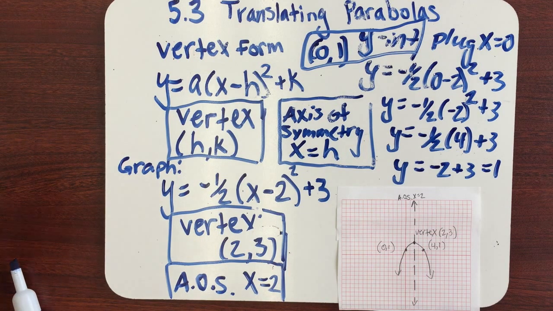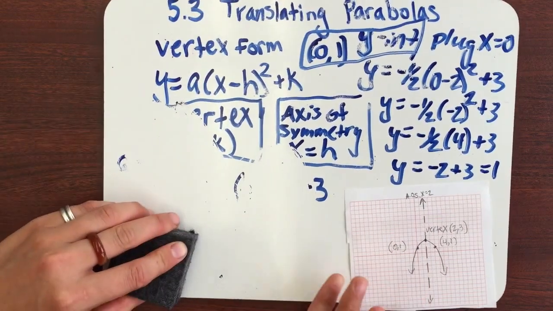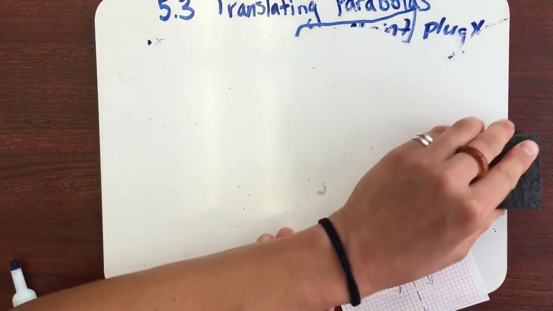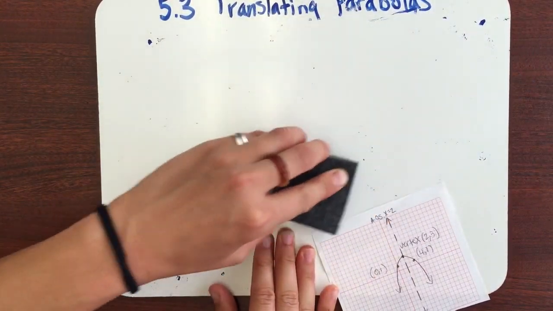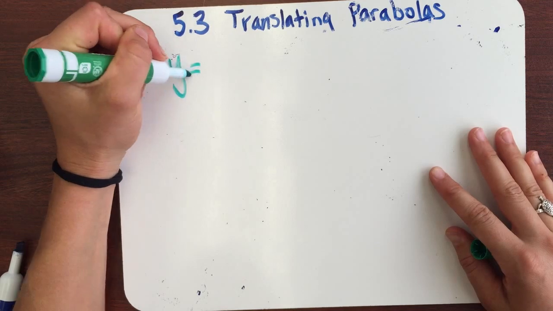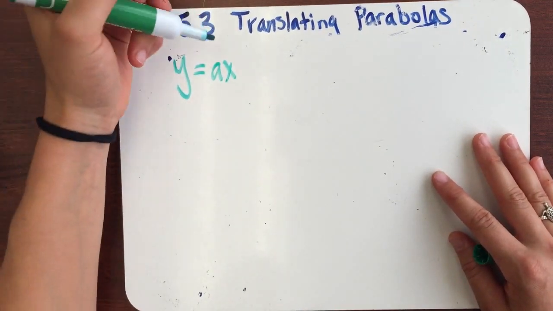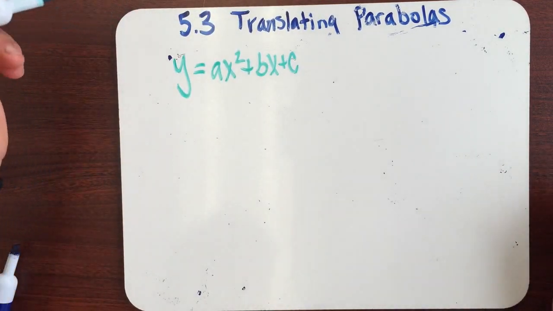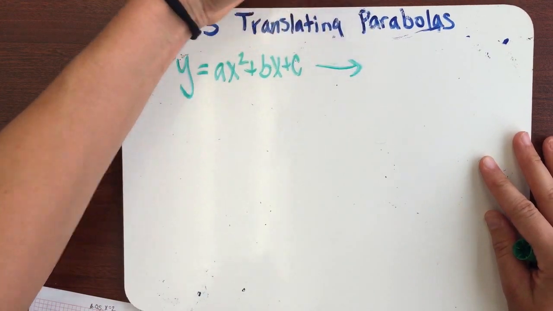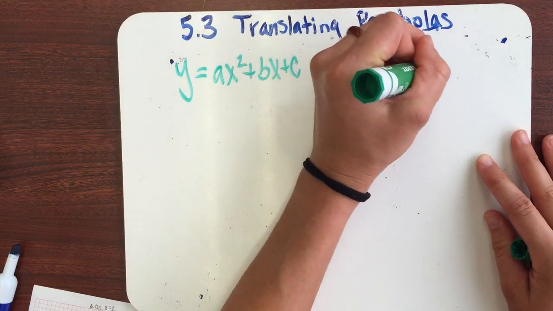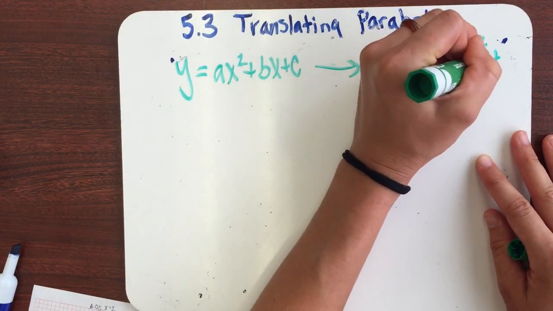The next thing that we're going to go over is how to convert to vertex form. When you're converting to vertex form from standard form, we need to find 3 different variables. Let's say we have standard form, which is ax squared plus bx plus c, and we want to convert this to vertex form, which is y is equal to a times (x minus h) squared plus k.